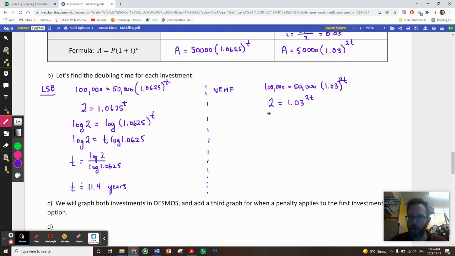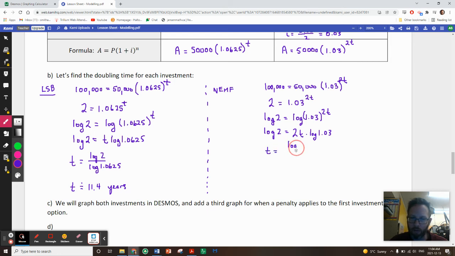You do notice in this question, the small difference is that in the exponent we have 2t, but our strategy is still the same. Take the log of each side, 1.03 to the power of 2t. Use our power law of logarithms, bring the 2t down, 2t times the log of 1.03. And then we get t by itself.